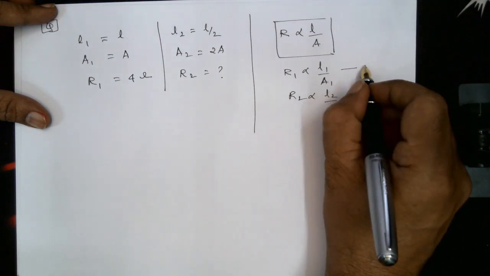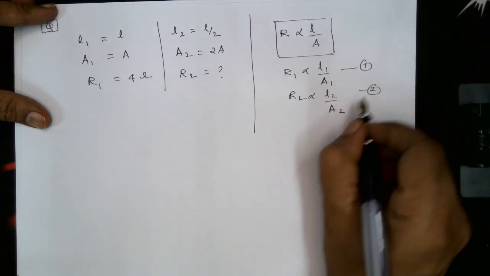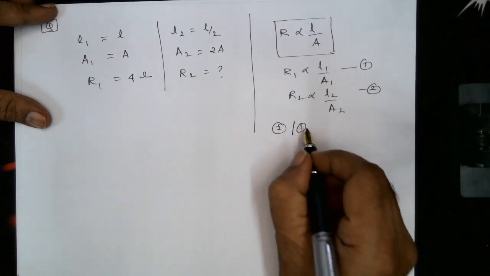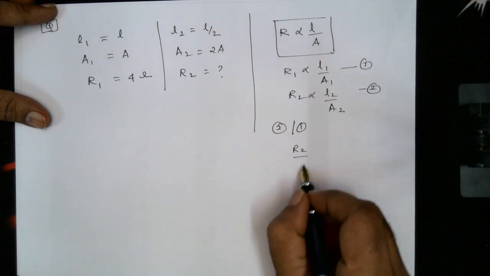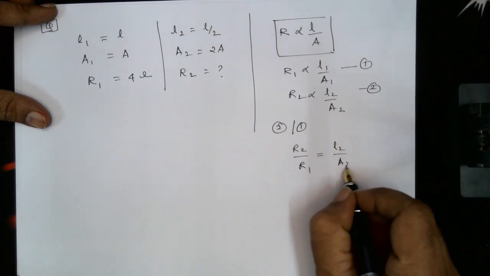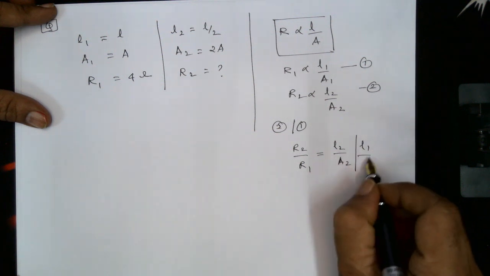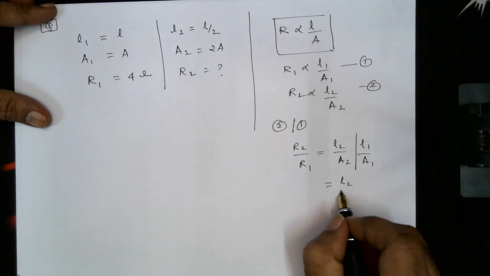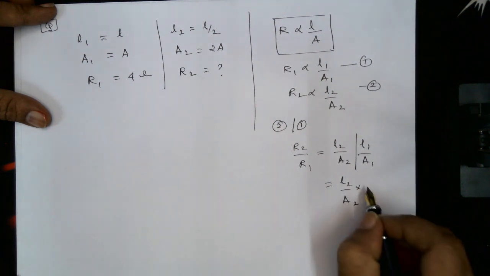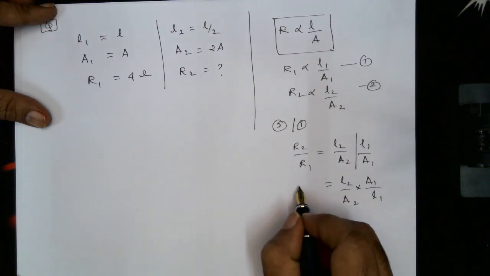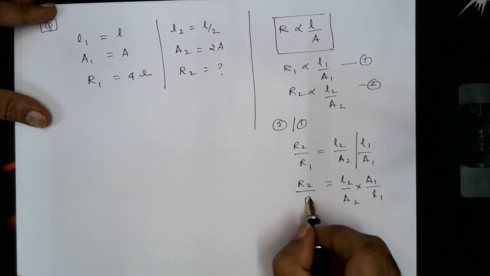So this is equation 1 and equation 2. Let us divide these two equations, 2 divided by 1. Therefore R2 by R1 is equal to L2 by A2 divided by L1 by A1. Do you understand? Now L2 by A2 and you can reciprocate, so A1 divided by L1. This is equal to R2 divided by R1.